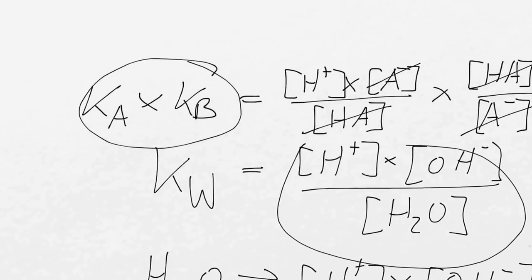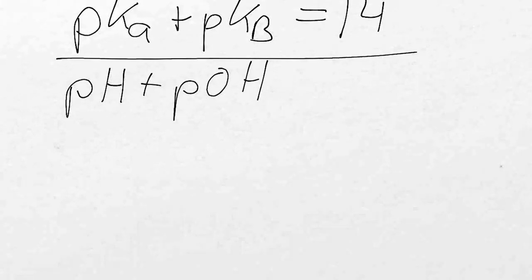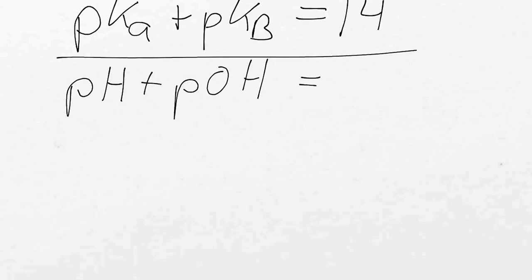So if I, for example, give you a pKa of 5 for the acid, you can immediately calculate the pKb, which is 9, of the corresponding base. Everything is 14. Remember, pH plus pOH equals 14. Everything is 14.